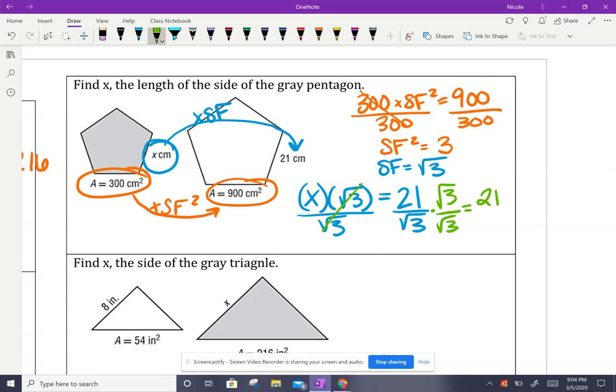That gives me 21 root 3 over 3, and 21 over 3 reduces to 7. So x is equal to 7 root 3 centimeters.